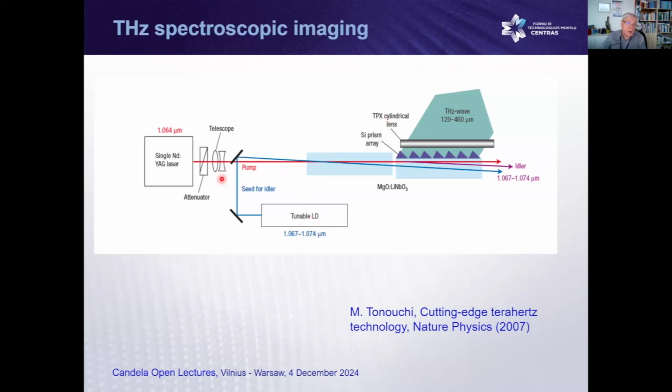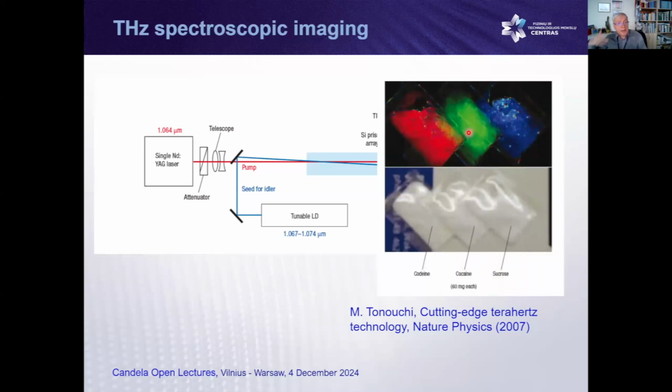They are using two lasers and mixing them in lithium niobate crystal, which allows to generate tunable terahertz emission with a discrete frequency. And the advantage is to record the imaging in different frequencies, not spectrum, but just in different lines. It means so-called spectroscopic imaging.